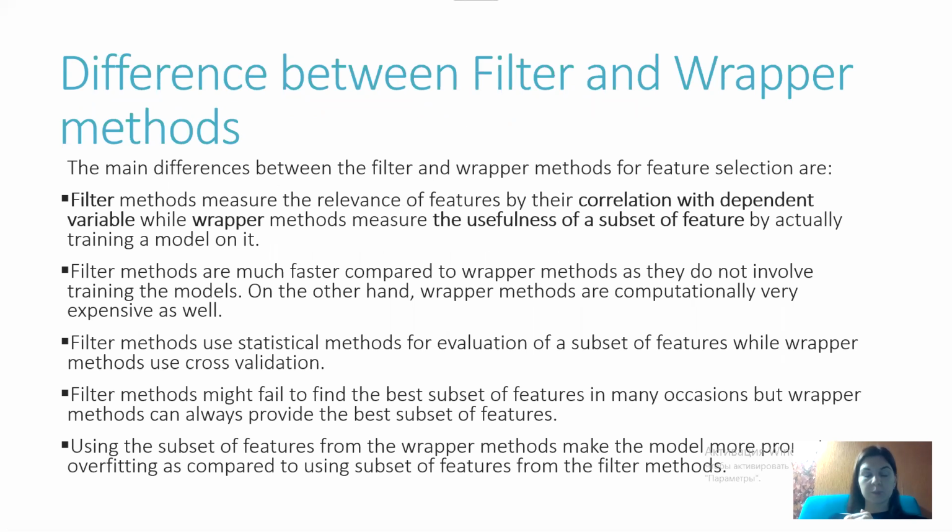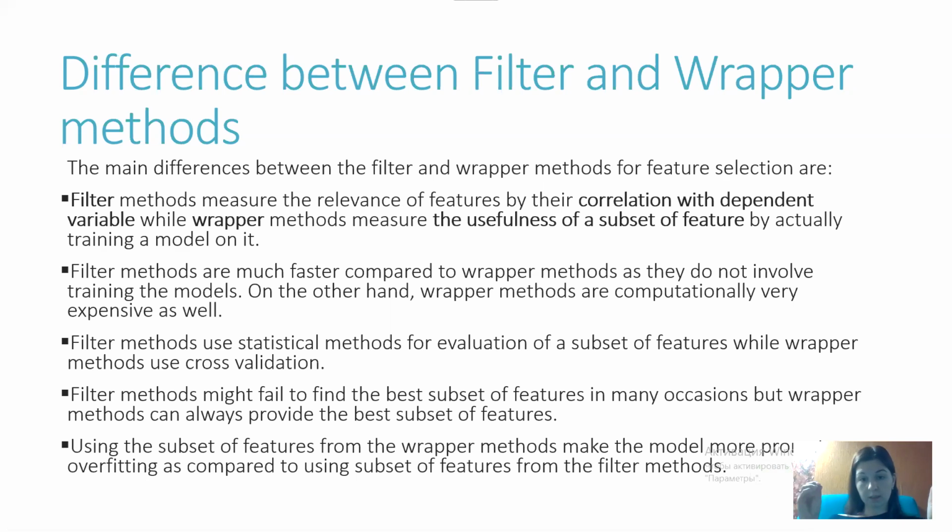So the main differences between the filter and wrapper methods for feature selection are just a result of comparison between these two groups. Filter methods measure the relevance of features by their correlation with the dependent variable, while wrapper methods measure the usefulness of a subset of features by actually training a model on it.